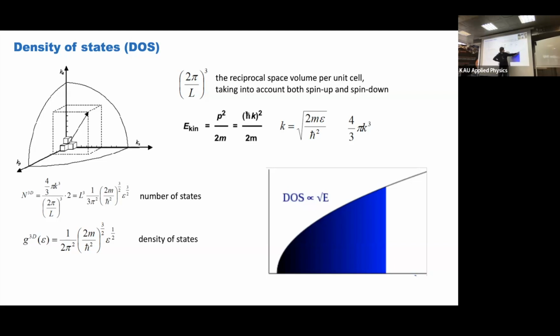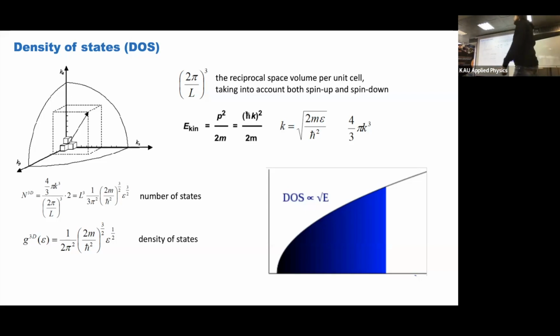It's a thing from Fermi-Dirac statistics. When we increase the temperature, some electrons from here will move here, and this border will be smooth. And the bigger the temperature, the smoother it will be. That's the case for this DOS. It's for 3D, for a very simplified, ideal case.